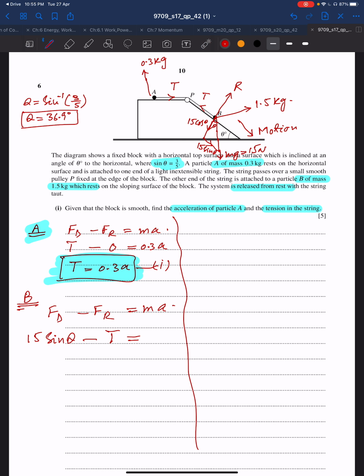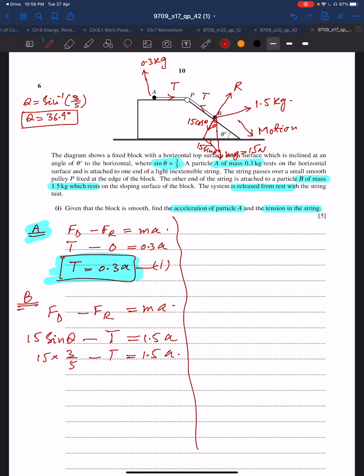This is equal to 1.5 times A. As they are attached by the same string, the tension and the acceleration will be the same. So 15 times sine theta, which is 3 over 5, minus T is equal to 1.5A.